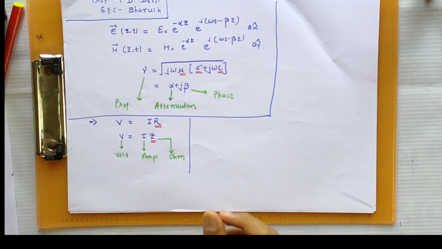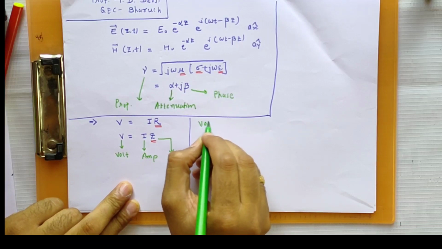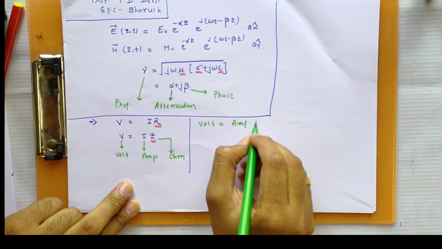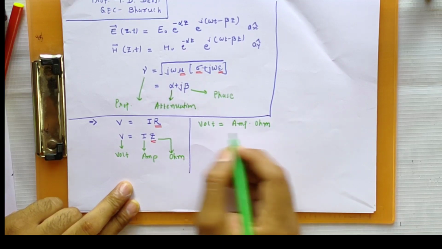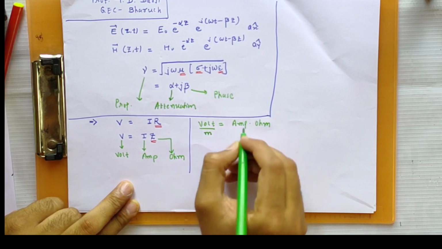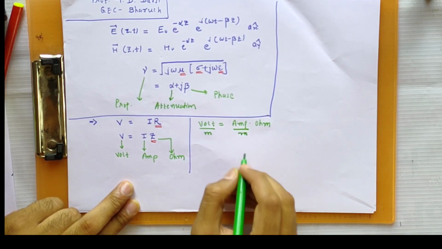Again I write the same thing here: volt is equal to ampere into ohm. Now I divide the right-hand side and left-hand side by meter.